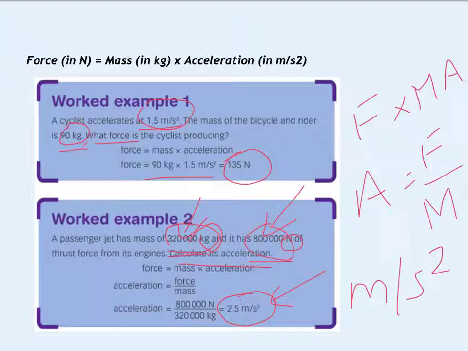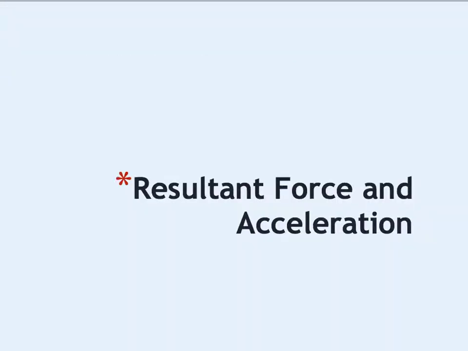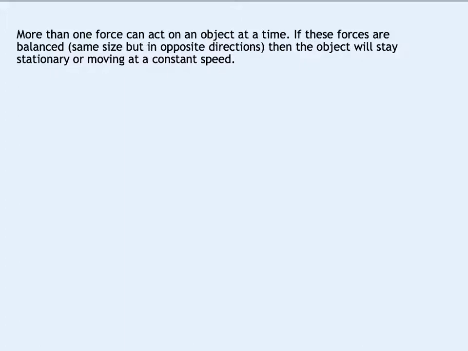Right, now we're going to move on to resultant force and how this affects acceleration. Okay, when you've got more than one force acting on an object at a time, if these forces are balanced, i.e. they're the same size force but acting in opposite directions, then the object stays stationary or moving at a constant speed.